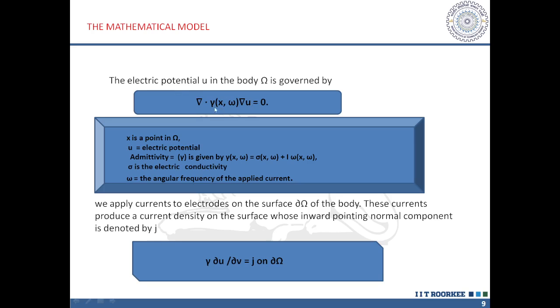Here we have the gamma function, which shows the admittivity, which depends upon the position in the body as well as the frequency of the applied current. And this U indicates the applied voltage, and this is the Laplace equation.